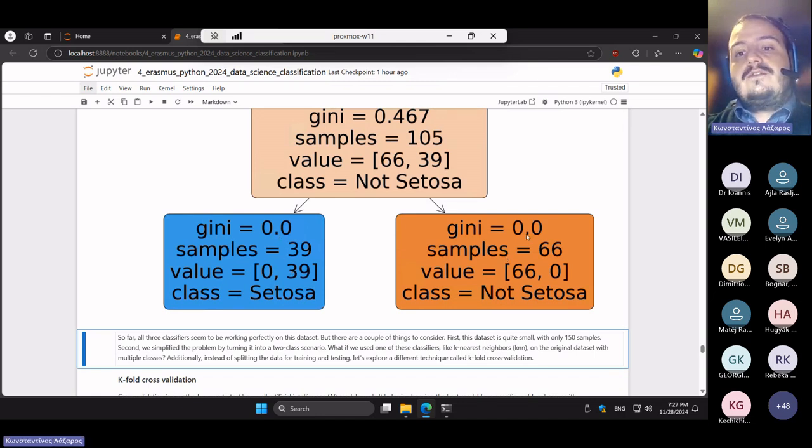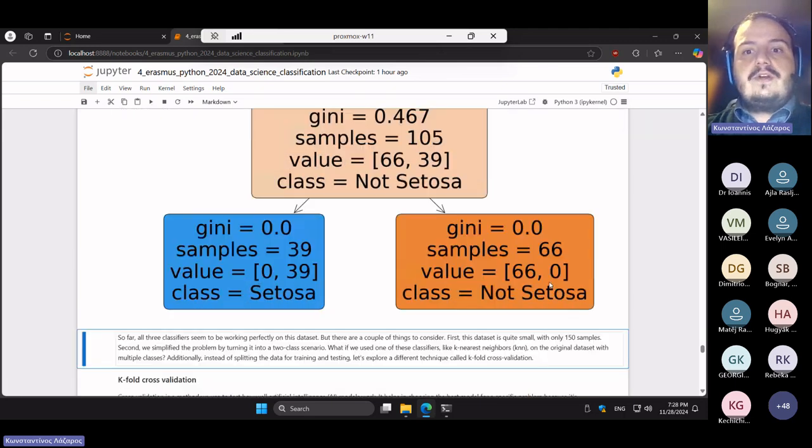They have a Gini impurity of 0, which means that they are pure. They do not really have samples from both categories. You see that you have 39 samples that belong into the category Setosa. And then you also have 66 that belong to the other category, which is not Setosa, pretty much.